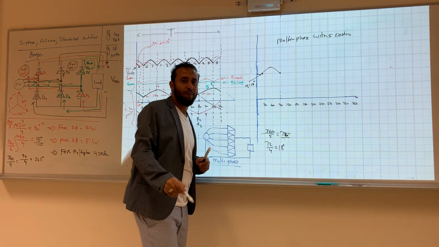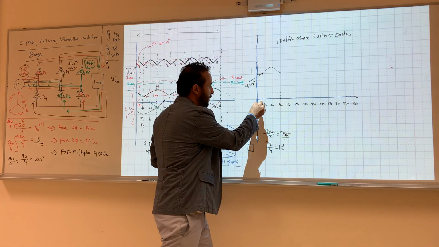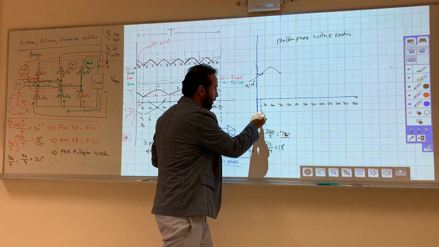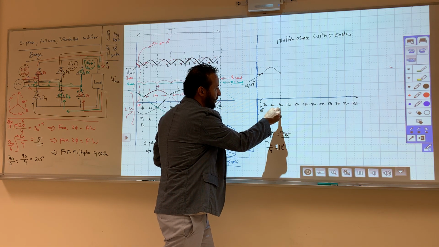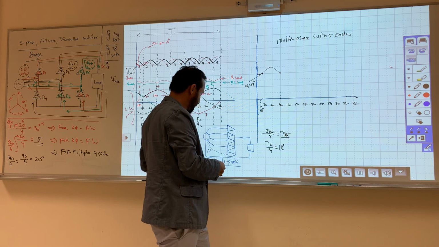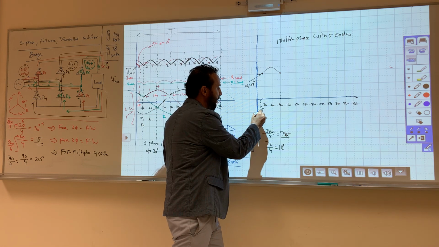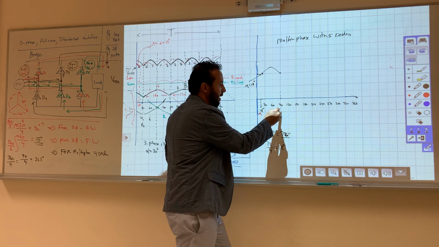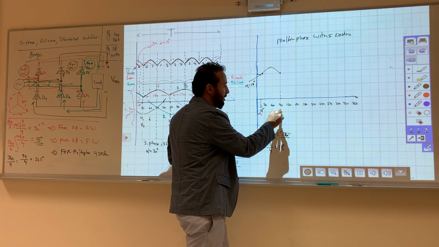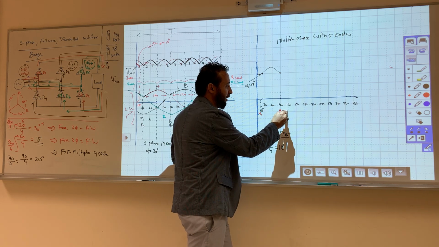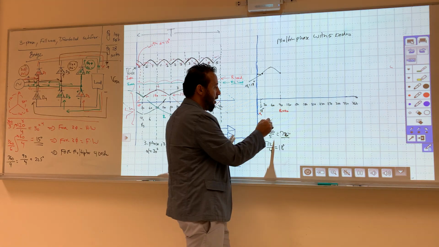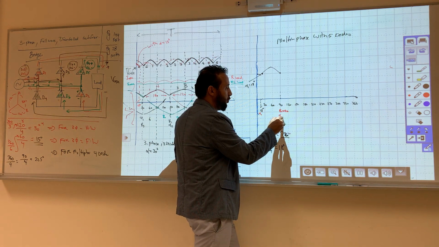That's one pulse. So this one here is 18, and this is alpha 1. Okay? And this one here is beta 1, which is 90. Also, it's alpha 2, which is 90.